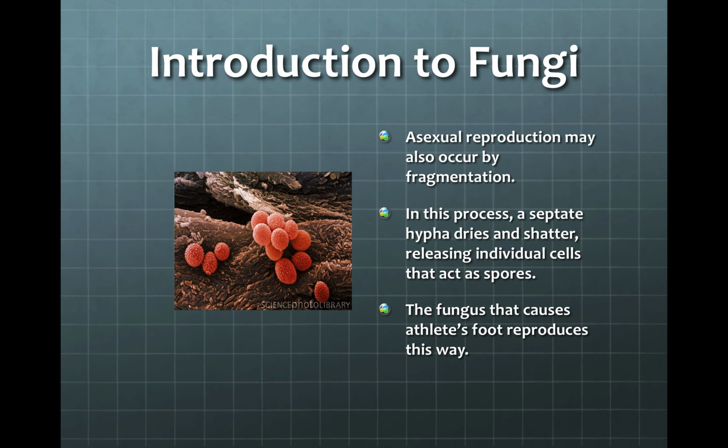All right, there's another kind of asexual reproduction called fragmentation. Fragmentation is where the septate hyphae, the ones that have the cross walls, dry up and shatter. When it shatters, it releases all kinds of individual cells that produce spores, forming new fruiting bodies after the fragmentation.